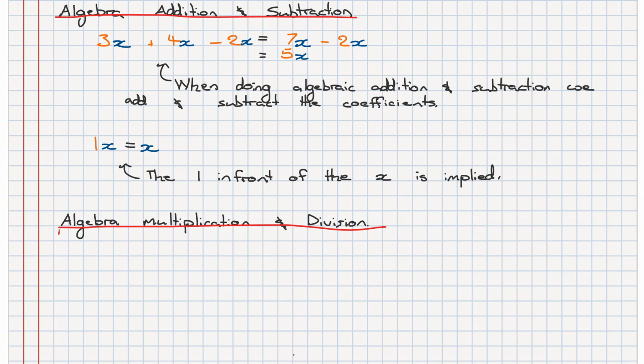Alright, consider we have something along the likes of 4 times, actually we'll do it in a different color, 4 times 2 times x. Alright, so we've got this expression here, 4 times 2 times x, and we want to evaluate that.